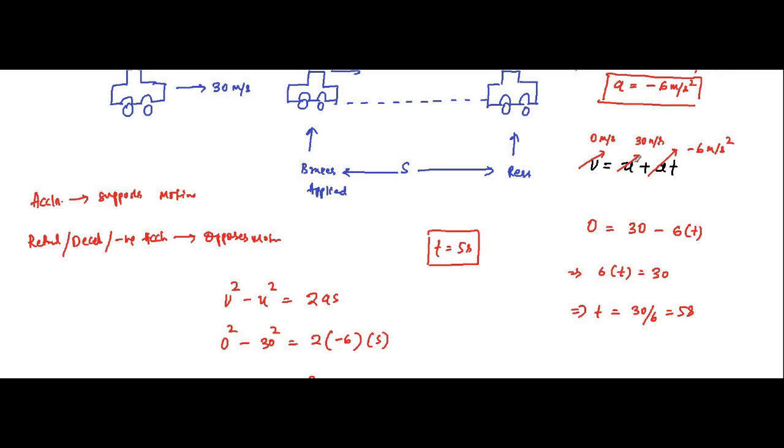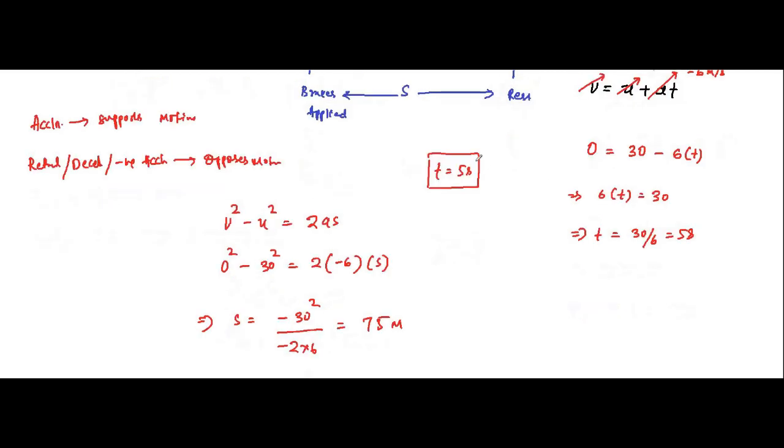So it was very simple to use the equations of motion. We use v is equal to u plus at to determine the time. After we got the time, we use v square minus u square is equal to 2as to determine the displacement. Here we could have also used s is equal to ut plus half at square.